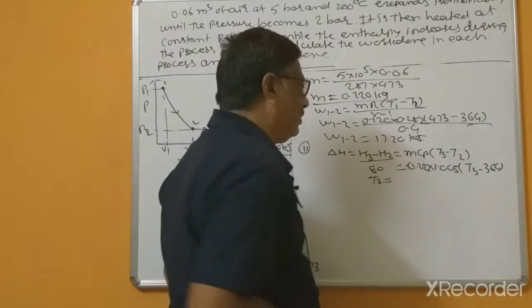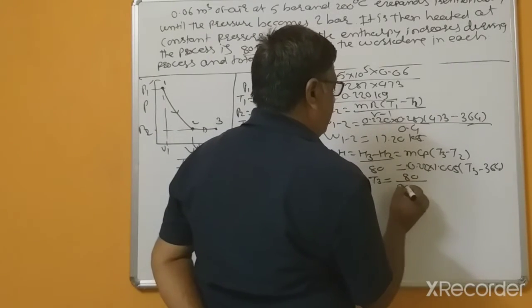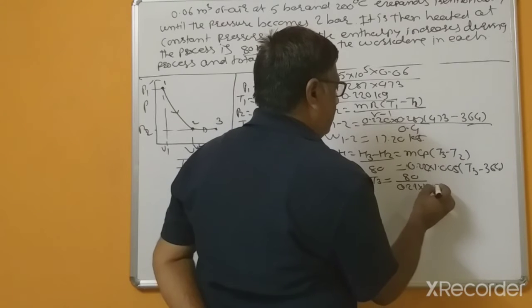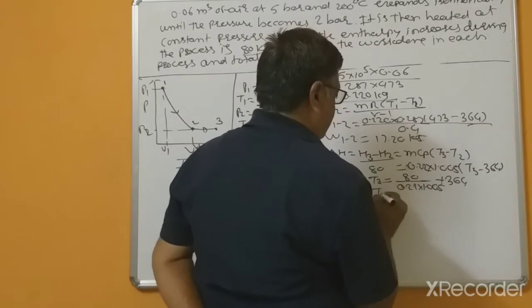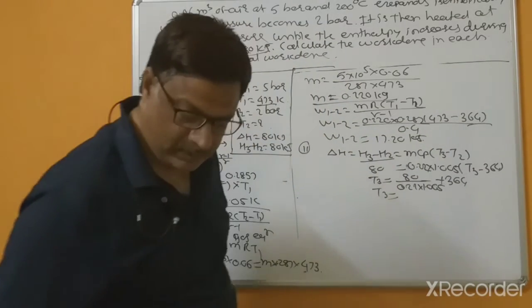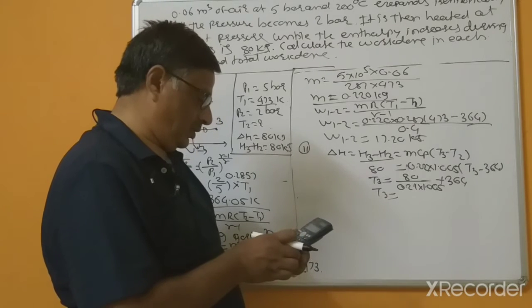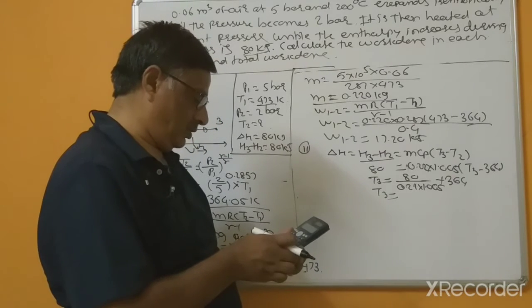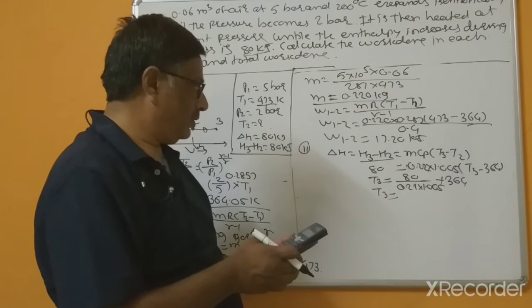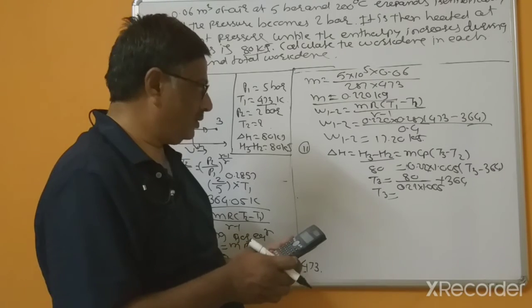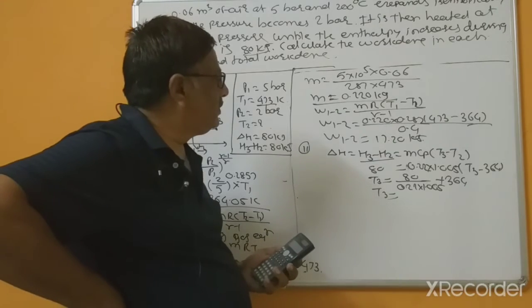T3 equal to, directly I will add this 80 divided by 0.22 multiplied by 1.005 plus the temperature 364. T3 equal to, there may be any mistake?